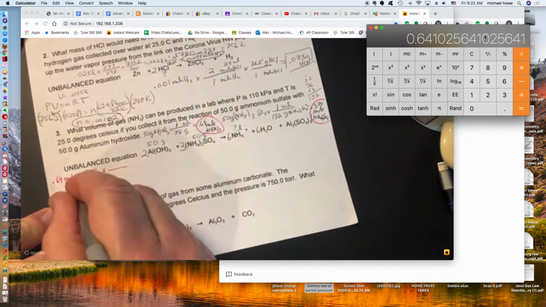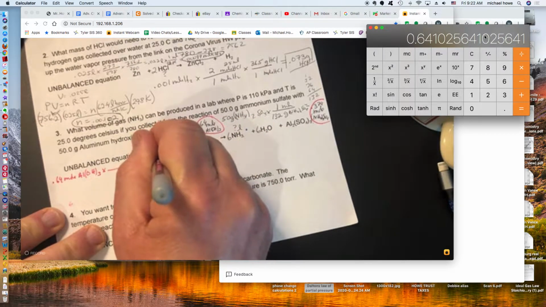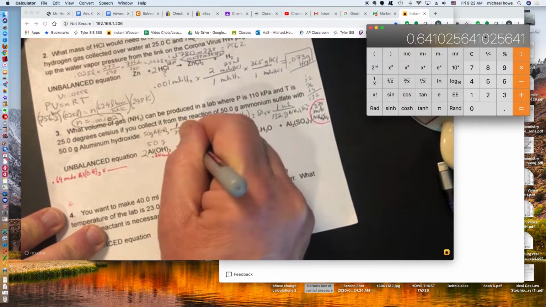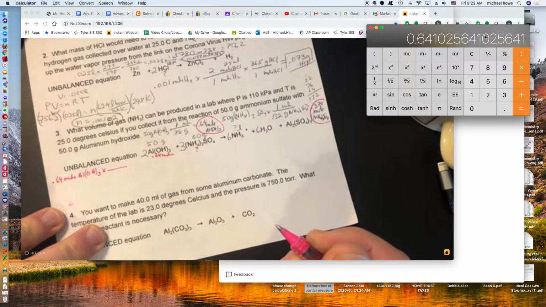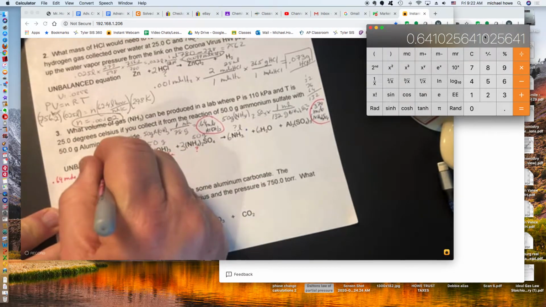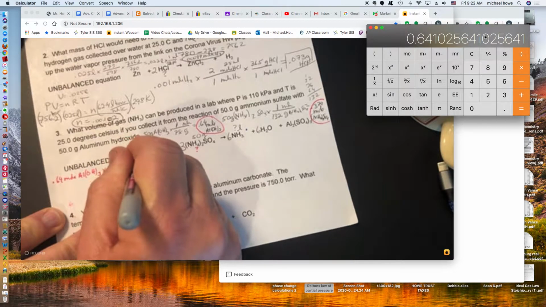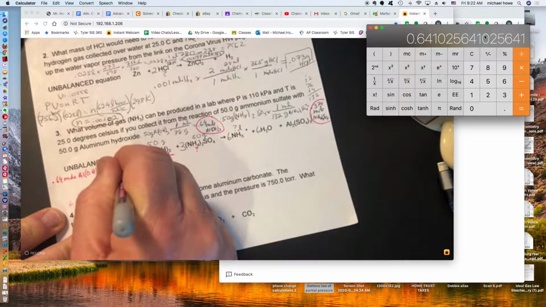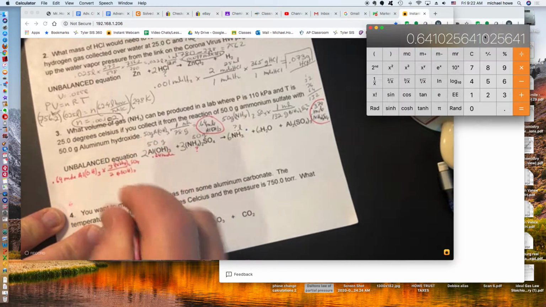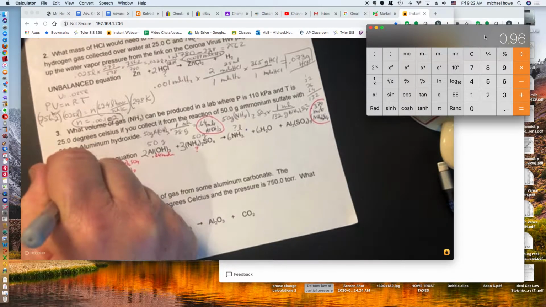Well, we already know that 50 grams is 0.64, so really what I'm doing is taking the 0.64 moles here and trying to find out how much of that I would need to make the 0.64 go away. So I'd have 3, now 2, okay, so 0.64 times 3 divided by 2 is 0.96.